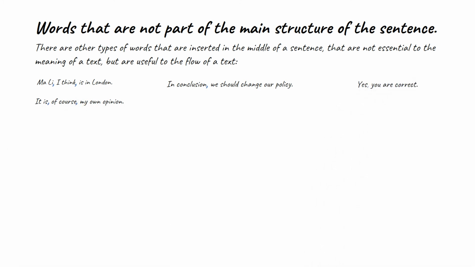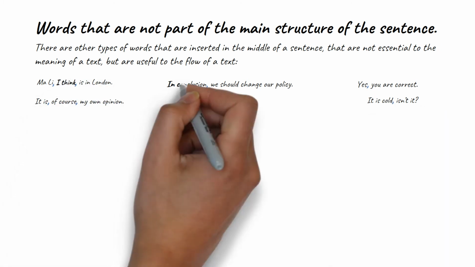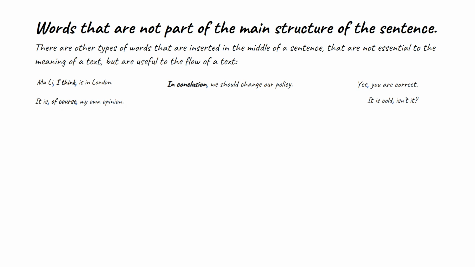Yes, you are correct. It is good, isn't it? I think, in conclusion, of course, yes, isn't it, are all additional information that is not essential to the meaning of a text but does help with the flow of it. A comma should be used with them.